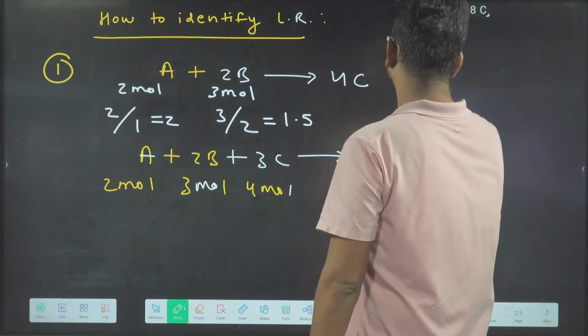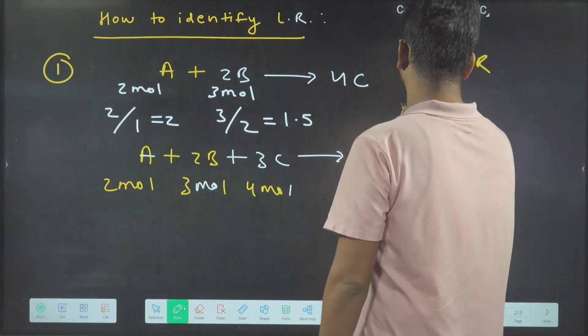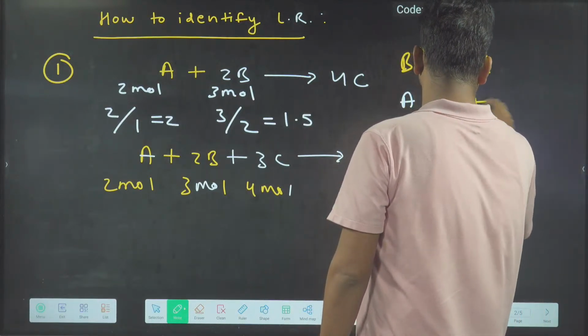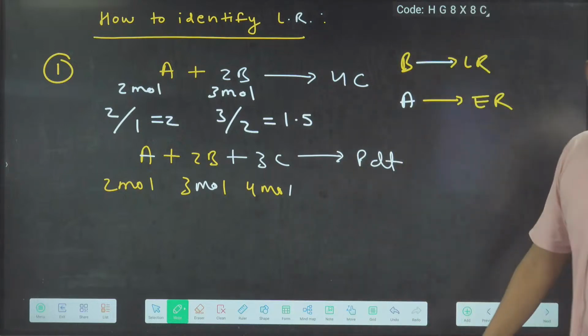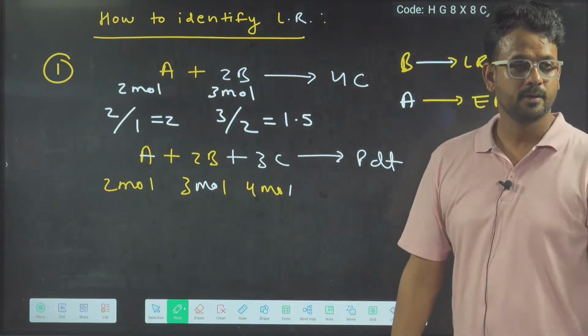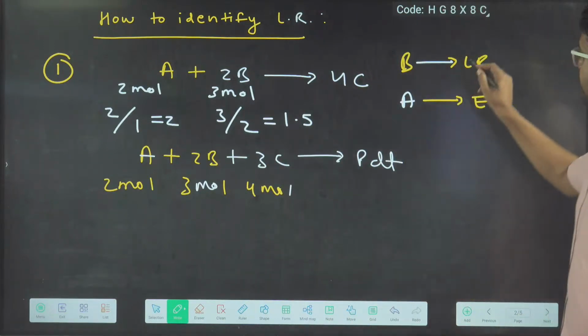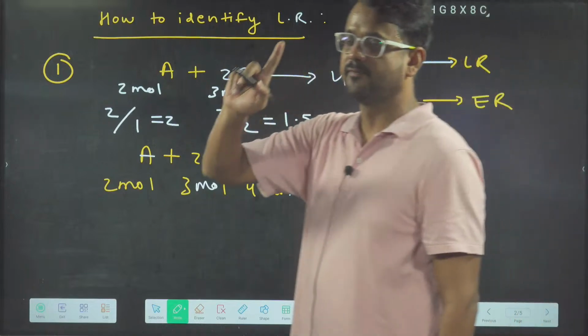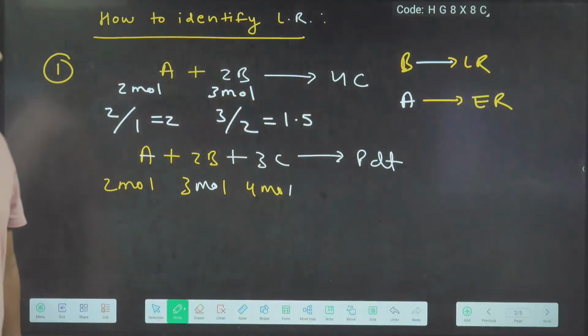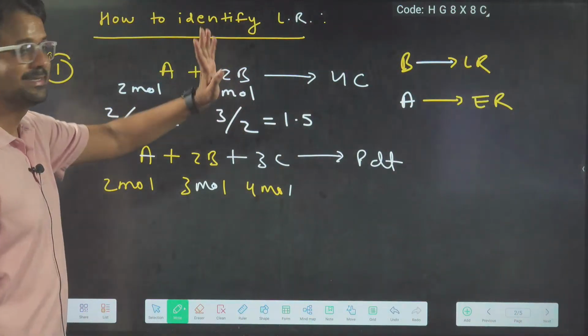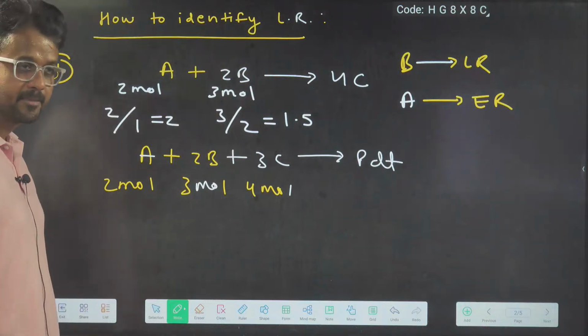So therefore B is the limiting reagent and A is the excess reagent. Is the first example clear, everybody? B is limiting, A is excess.